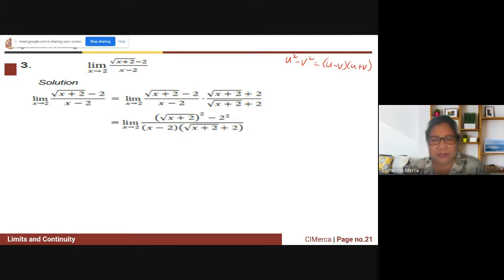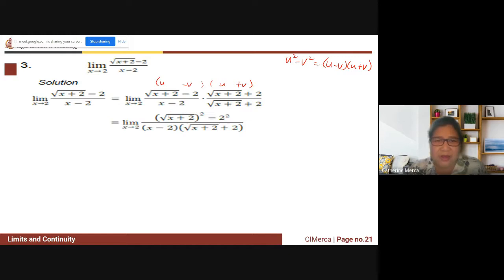So when you multiply, the result is U squared minus V squared, which is U minus V times U plus V. So you now have U squared minus V squared.